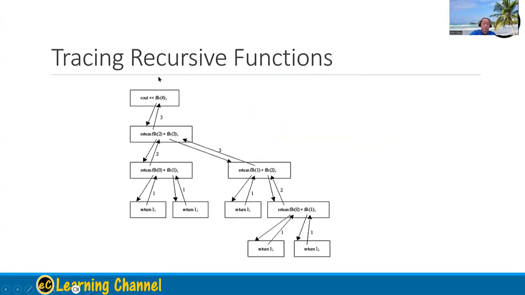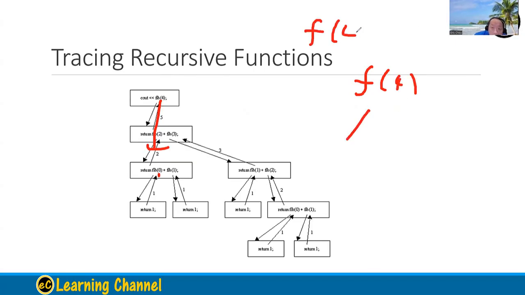Now, when you trace your recursive function, you do it top down, okay? So you calculate Fibonacci of 4, and Fibonacci of 4 is equal to Fibonacci of 3 plus Fibonacci of 2, right?